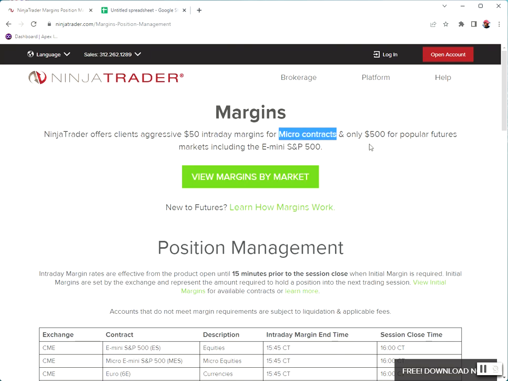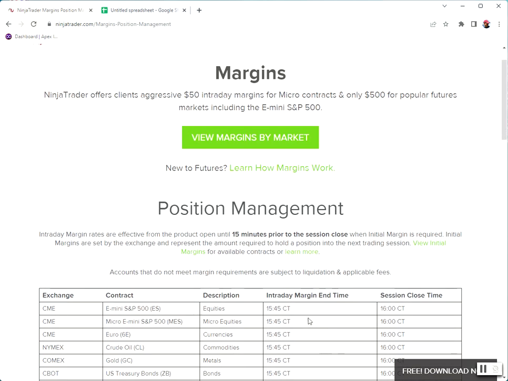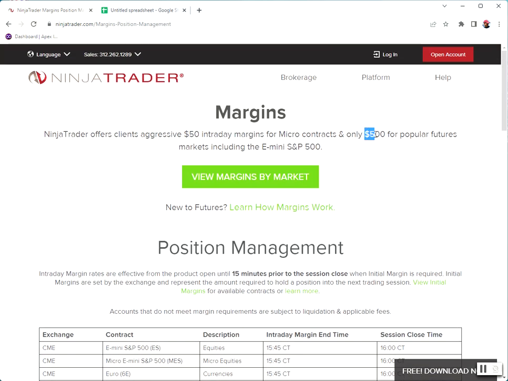But when you trade the E-mini contract, let's say E-mini S&P 500, that's the ES, one of the instruments we trade, the margin for each contract during the intraday trading time, which is 16:00 to 15:45 Central Time, is $500 per contract. Okay, per contract. You need $500 in the account in order to trade one E-mini S&P 500 contract.